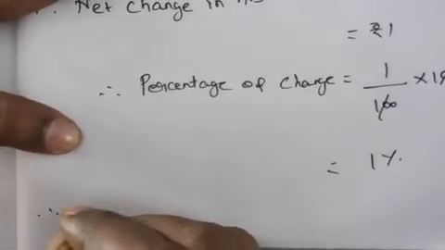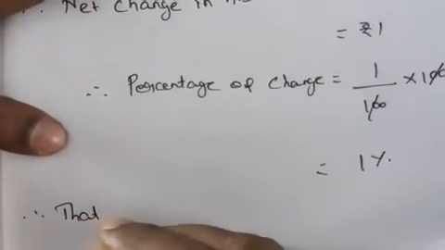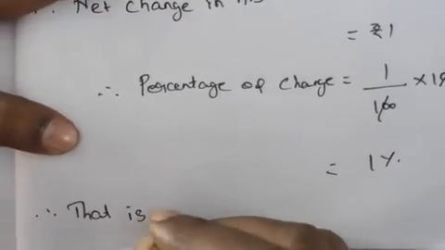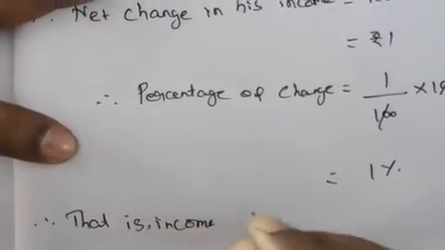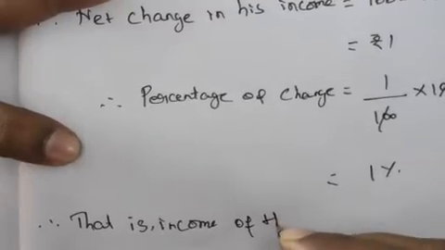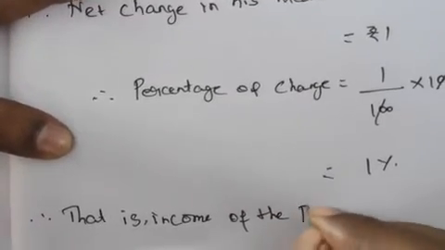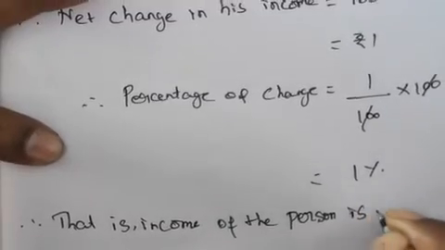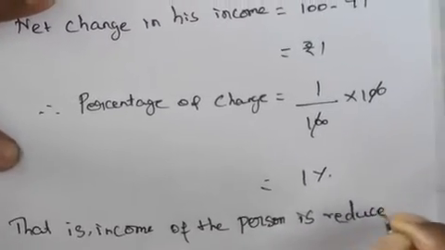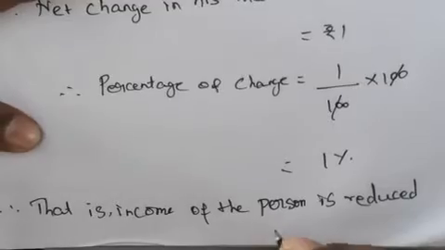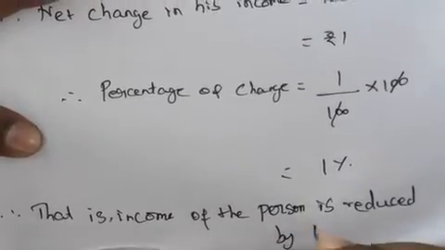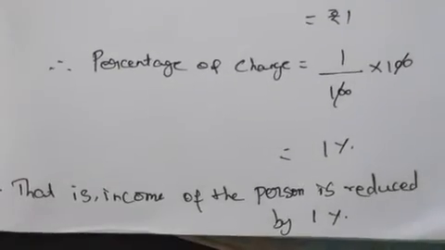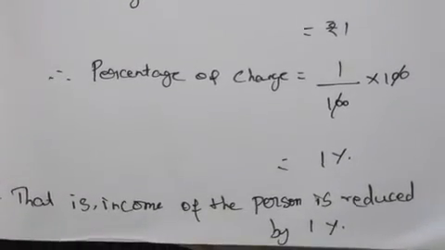Therefore the income of the person is reduced by 1%. Clear? In this problem, you should be clear.